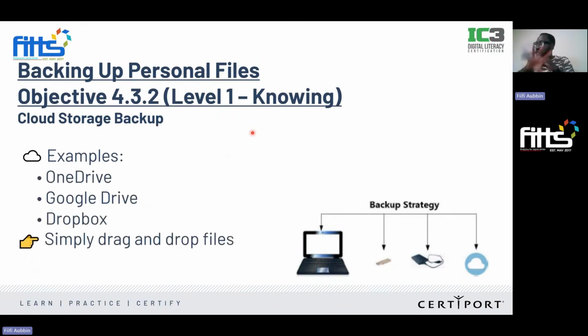You just simply drag and drop these files onto the platform. Once you've opened your web browser, maybe drive.google.com, you go in there, you open, you see your Drive. We'll get into how to use some of these platforms under level 2, and Dropbox. Then you can access it from anywhere. Once you're able to log into your system, that's it.